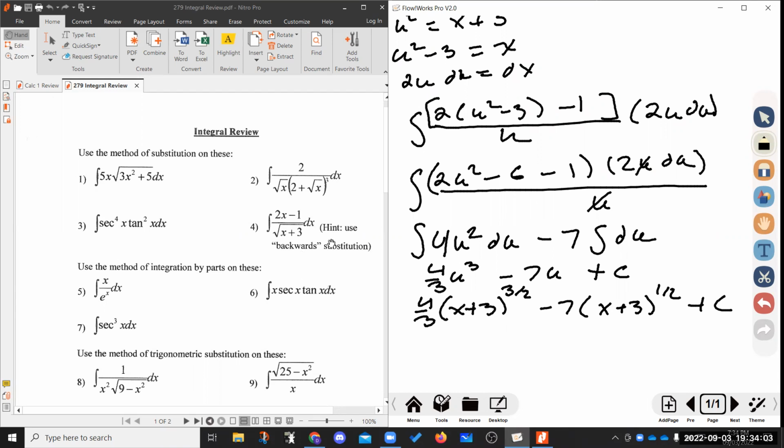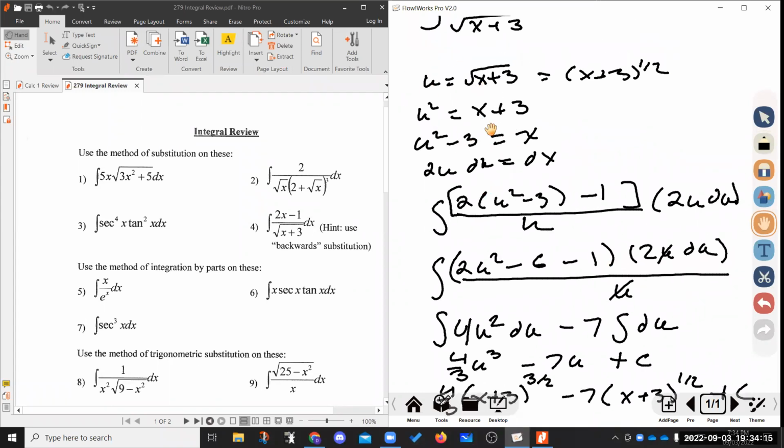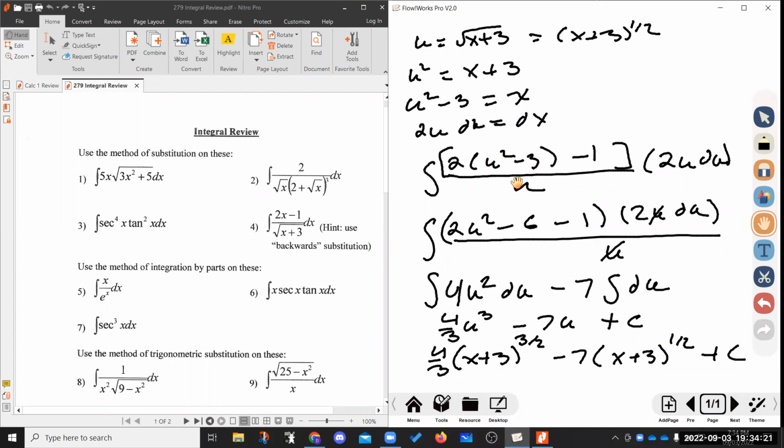That's what the teachers call backward substitution, by getting that denominator that has the square root in it to be u, squaring both sides and solving for x and plugging everything back in the numerator so that I can have a monomial in the denominator and divide it out.